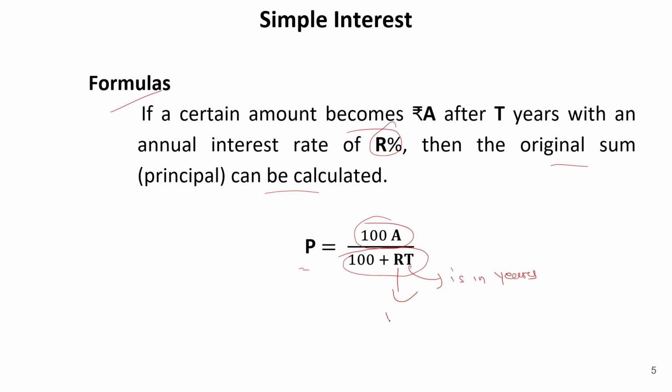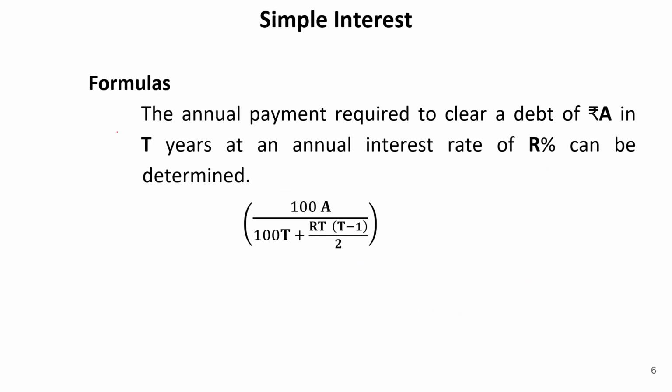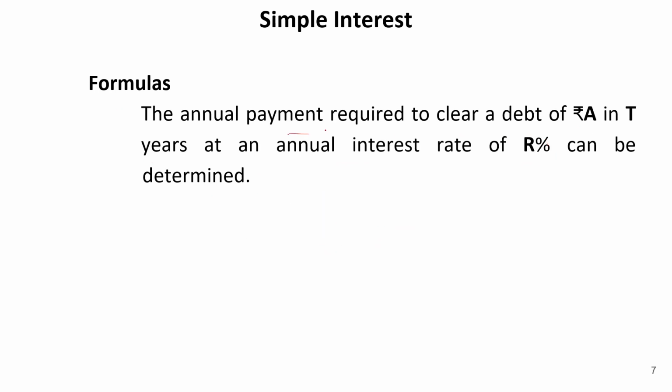The annual payment required to clear a debt of A rupees in T years at an annual interest rate of R% can be determined by the formula 100A / (100T + RT × (T − 1)/2).